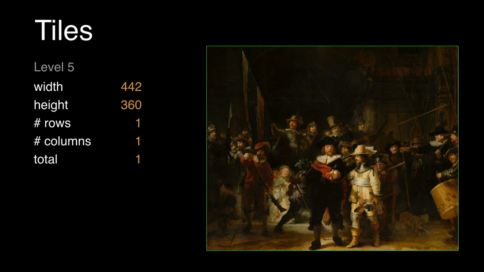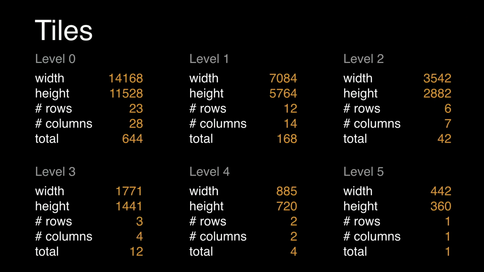And finally, there's level 5, which is 1 tile of less than 512 pixels, just whatever remains. So these are all the levels of this image. And the reason there are 6 levels is because the source image was that wide. If we had a wider source image, we'd need 7 levels or 8 levels. So that's dependent on the size of the source image.